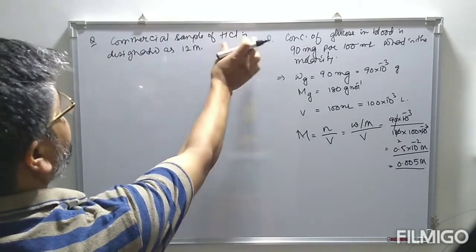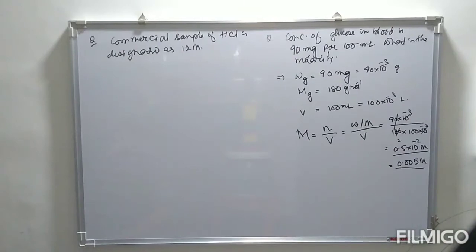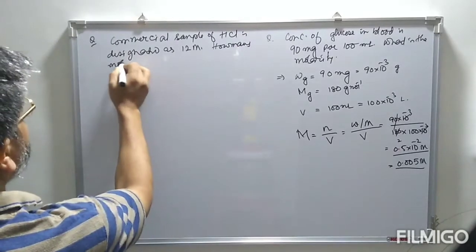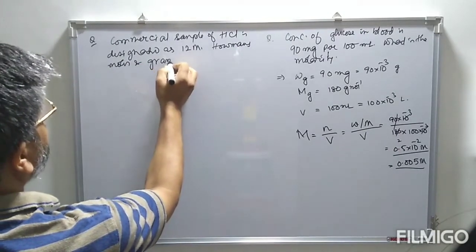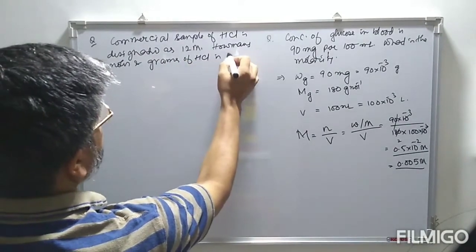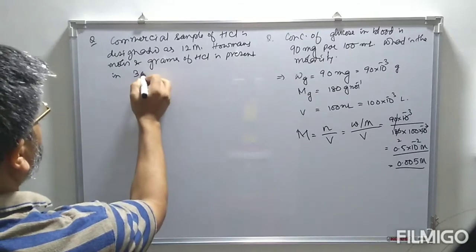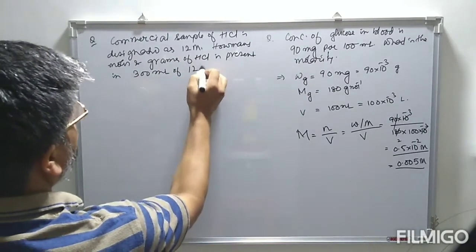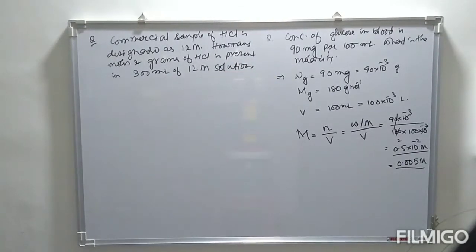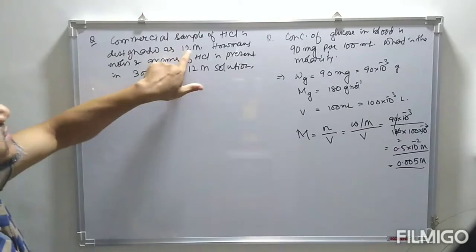The question says, how many moles and grams of HCl are present in 300 ml of 12 molar solution? So we have a sample of HCl, given as 12 molar. So the concentration is given as 12 molar.